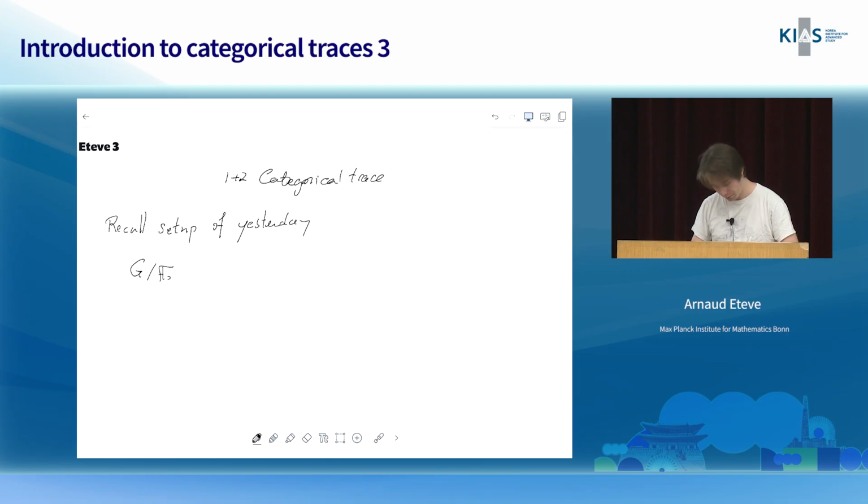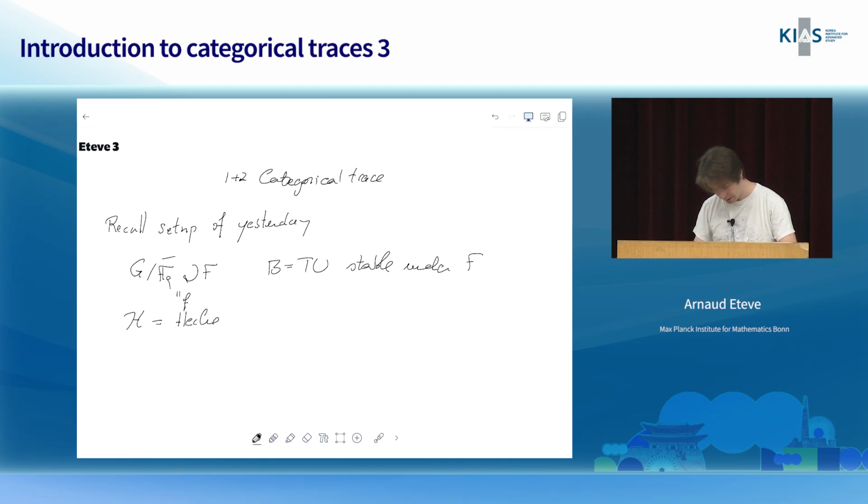we had G over F_q bar with the Frobenius, which comes from some F_q structure. We have a Borel pair. I don't think I said yesterday that we fix this Borel pair to be Frobenius stable. And then we had H, which was this Hecke category.